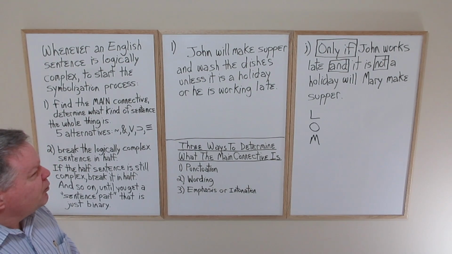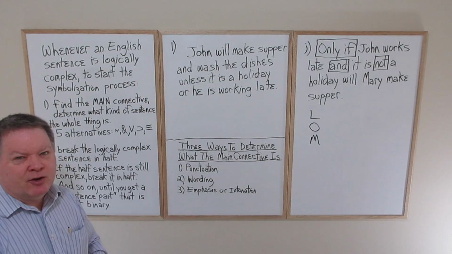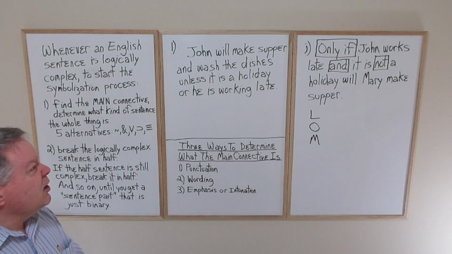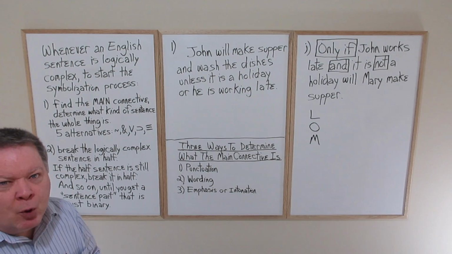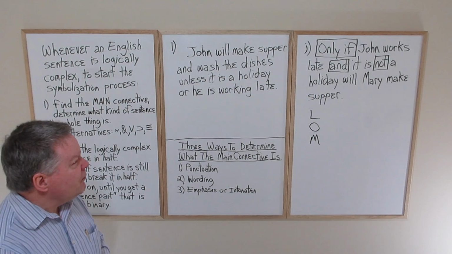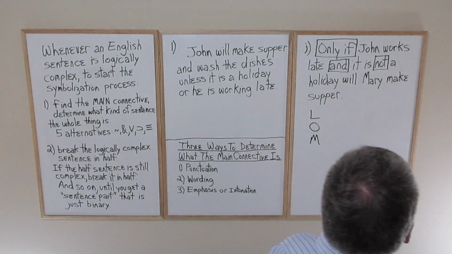Although with word processor technology, you can sometimes see emphasis or intonation being indicated in written sentences with bolding or italics. We begin then with sentence J, part 1, assignment 2.